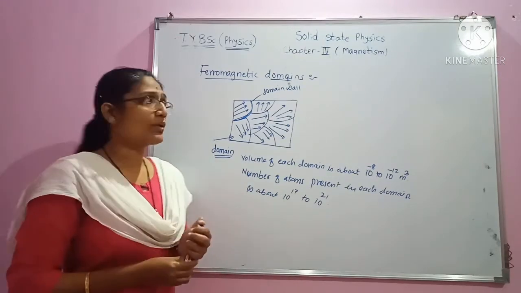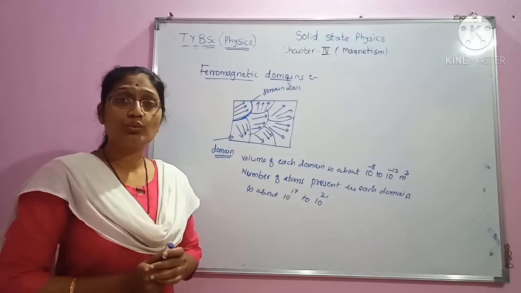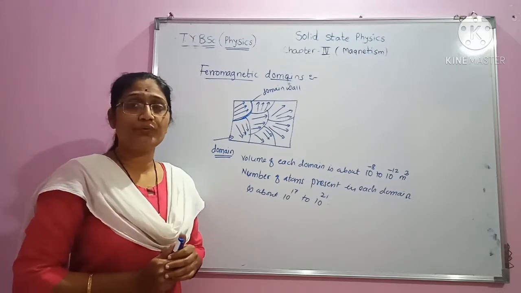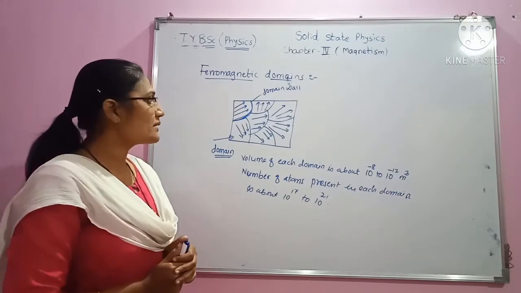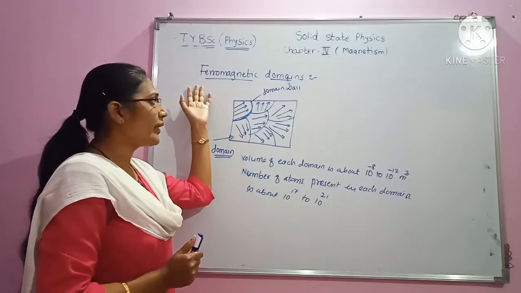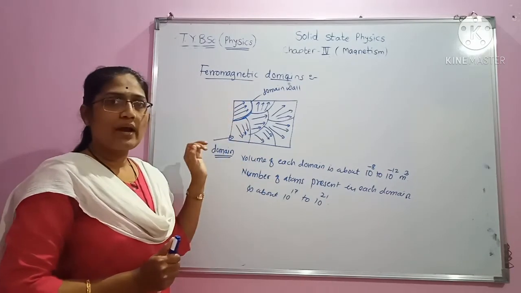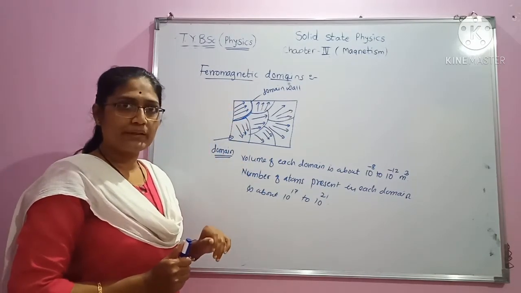This is the picture of the ferromagnetic material when no external magnetic field is applied. In the absence of an external magnetic field, the material will consist of these domains which are randomly oriented.